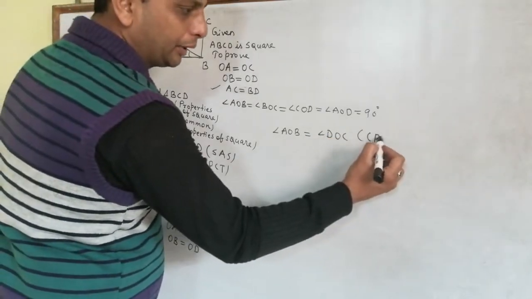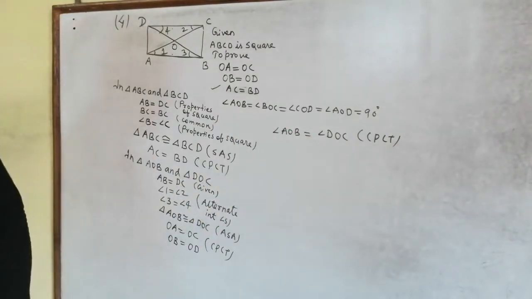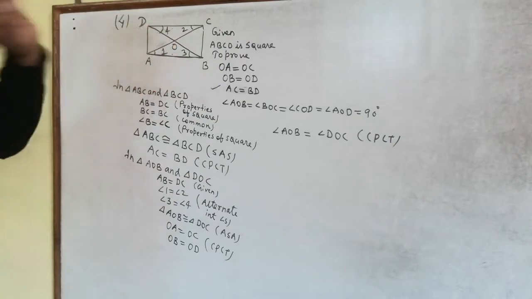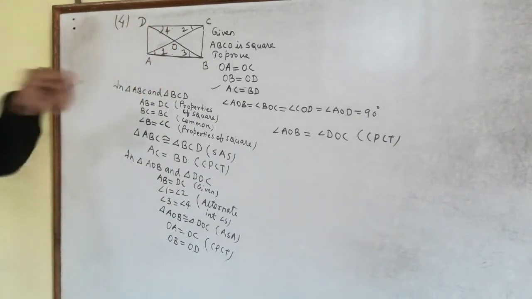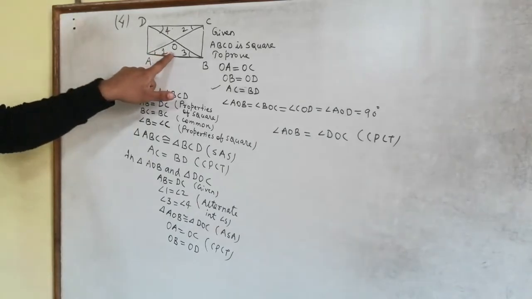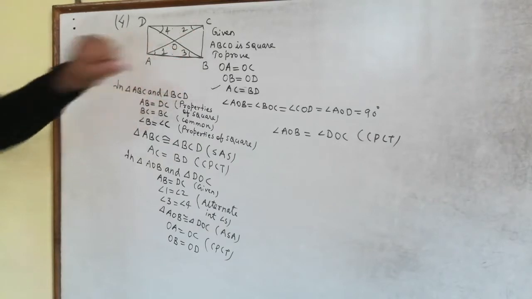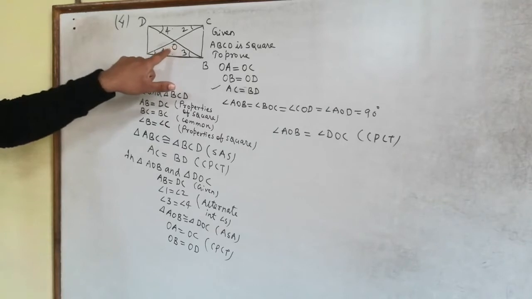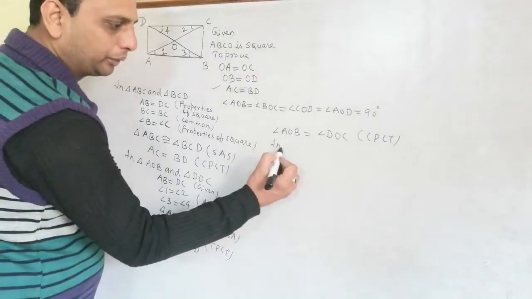Same steps, same triangles, by CPCT. AOB and DOC are equal, and they are also vertically opposite angles. Now we are going to make triangles AOB and DOC congruent. Take triangles AOB and DOC.